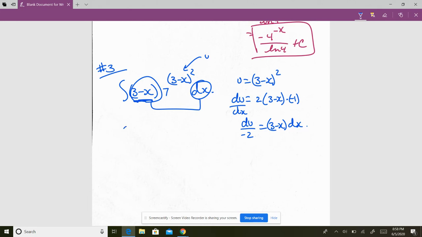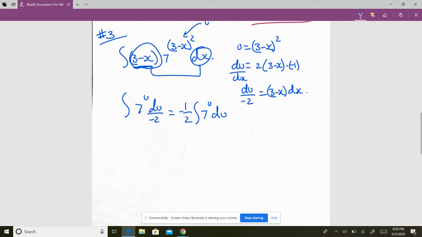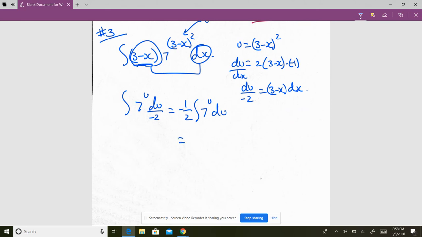So now our integral becomes 7 to the power of u du over negative 2. So I can pull the 1/2 out, and I'm left with that. That matches our formula. So it's negative 1/2 times 7 to the u over the natural log of 7.